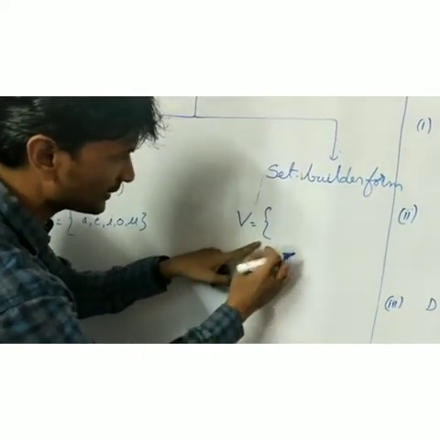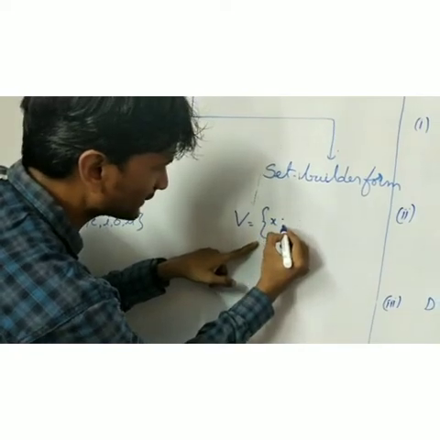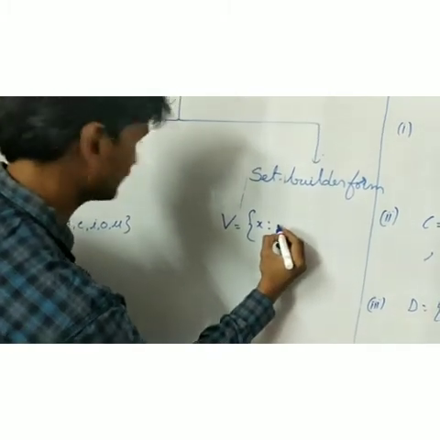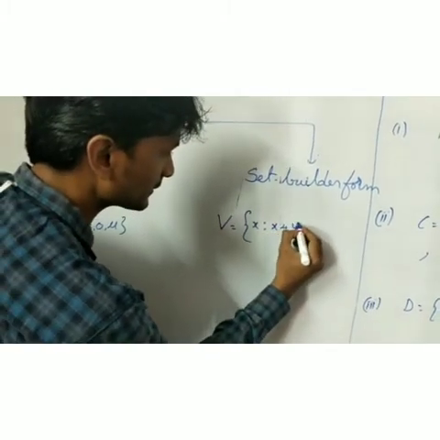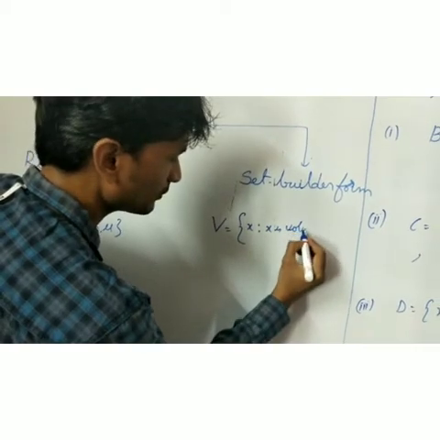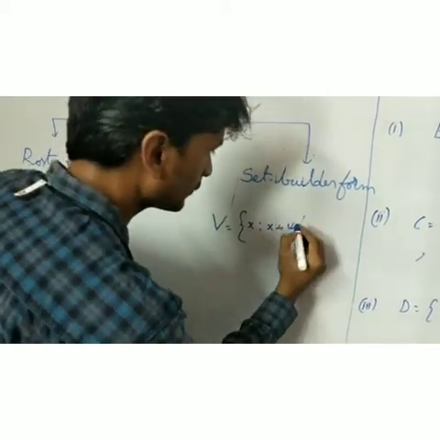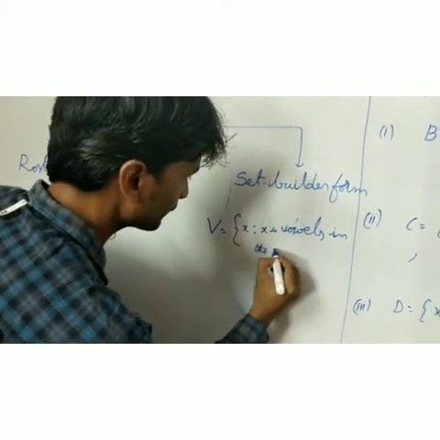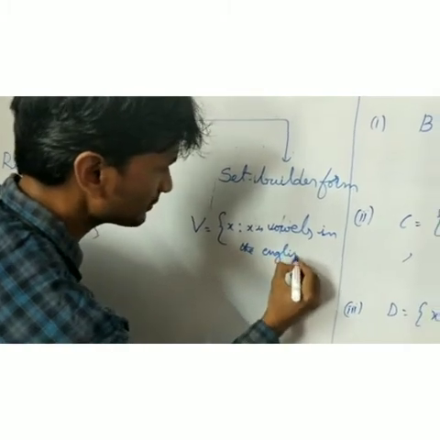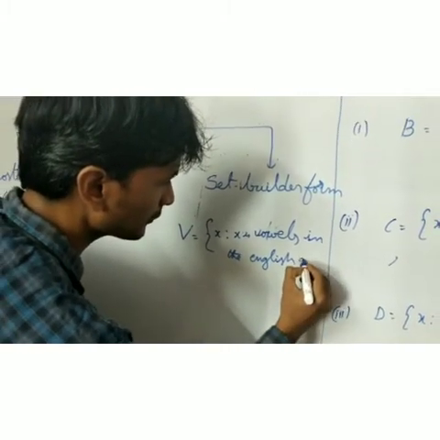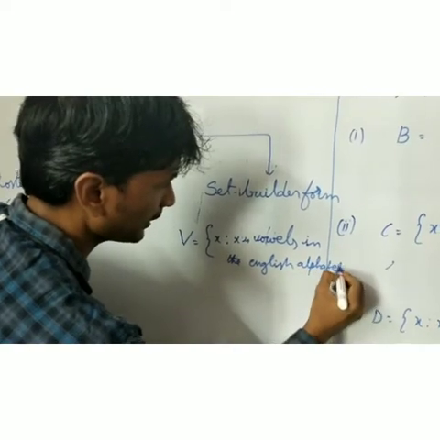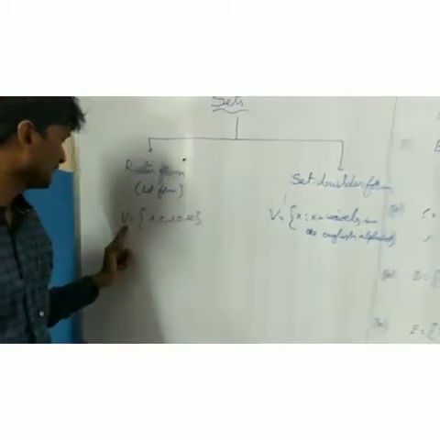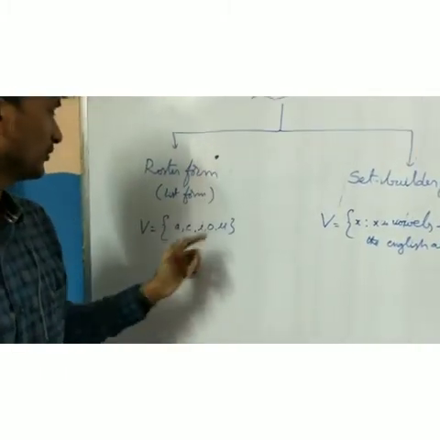So the set of all x, this symbol is called such that, x is vowels in the English alphabet. So this is called a set builder form. V equal to {A, E, I, O, U}, for example.